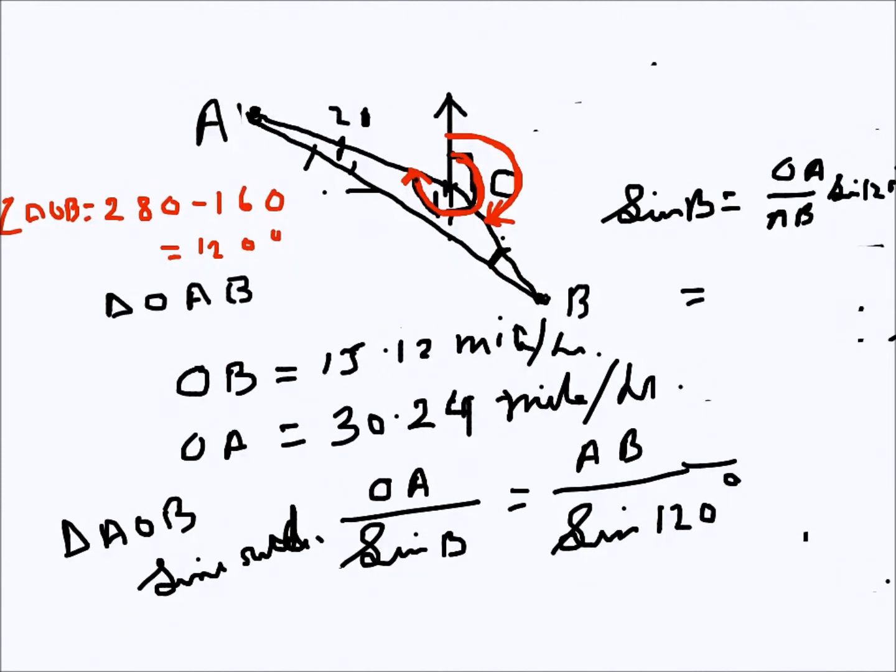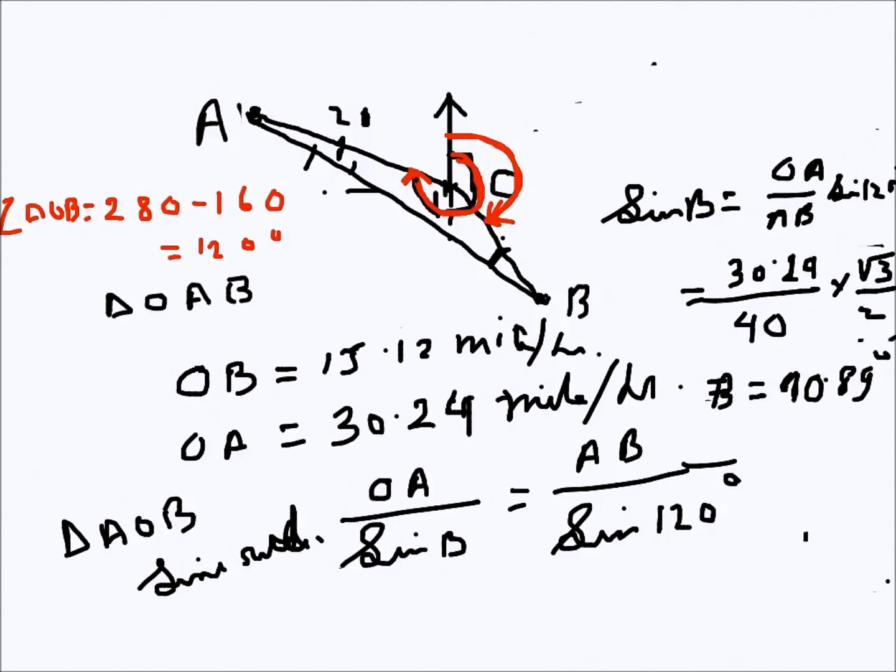So OA is 30.24, AB is 40, sine 120 degrees is root 3 over 2, which is like 0.866. If I do this calculation, I think the approximate result is 40.89 approximately. So this angle is 40.89 approximately.